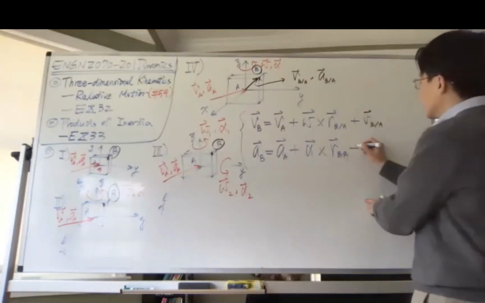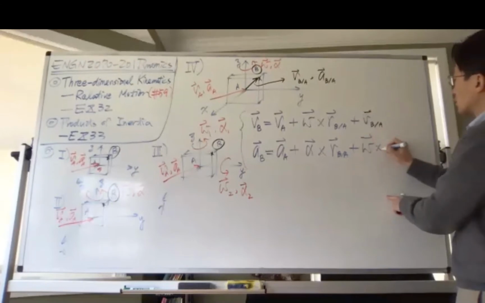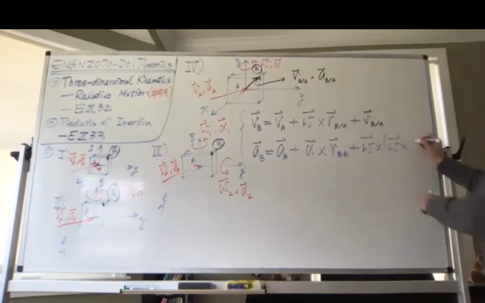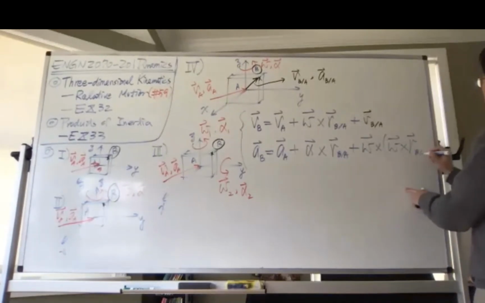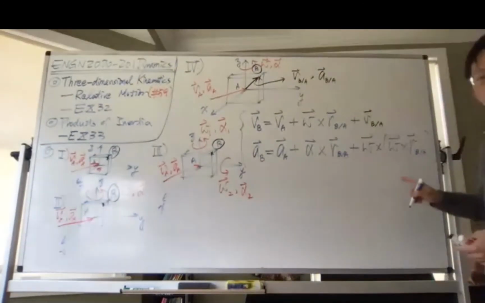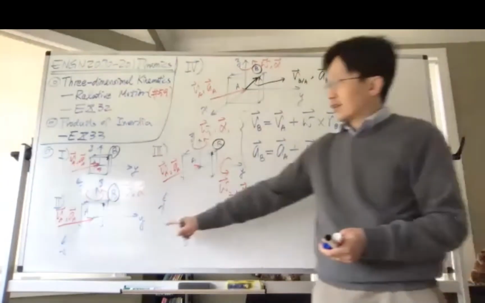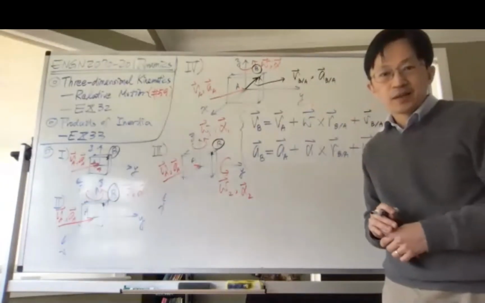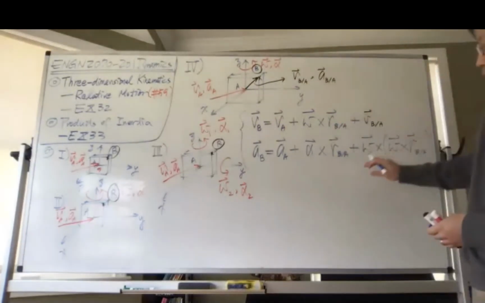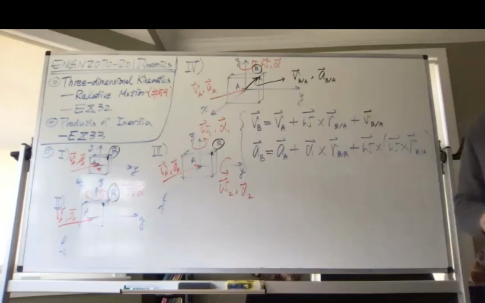And then the next one is plus omega cross omega cross RBA. Until this point, this is what I gave you from case 2, right? You should have the notes from Wednesday. Just put the notes from Wednesday on the side, and you can compare the difference.